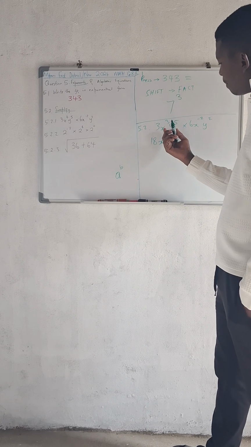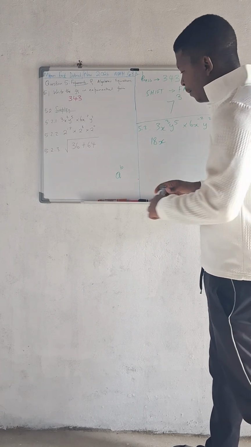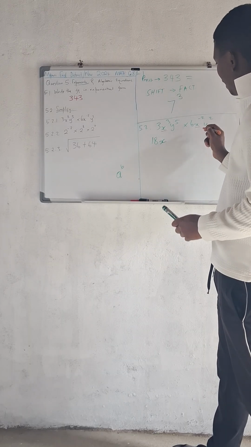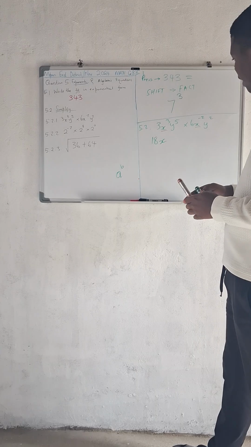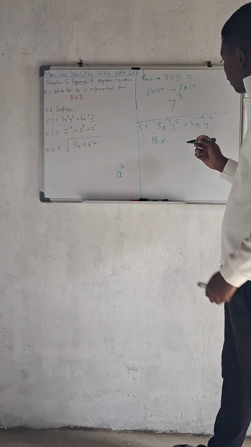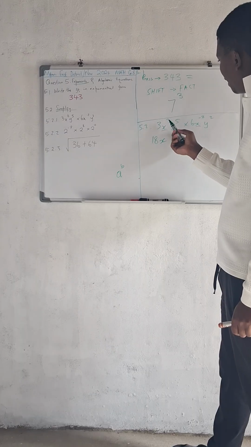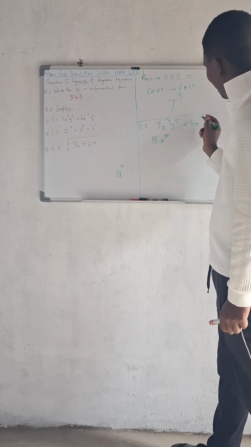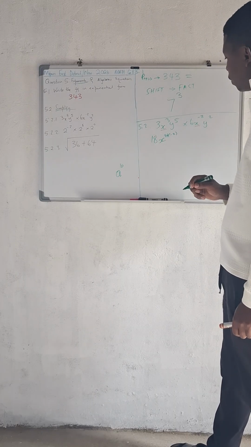Remember, multiplying powers of the same base, we add the exponents. So x and x are the same base, then we add exponents. We add 3 plus, then there is a negative, so I introduce a bracket, negative 2.